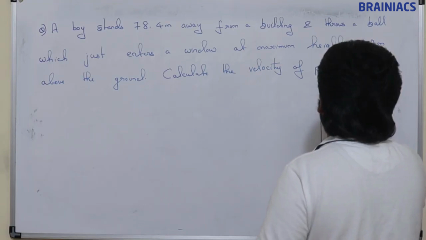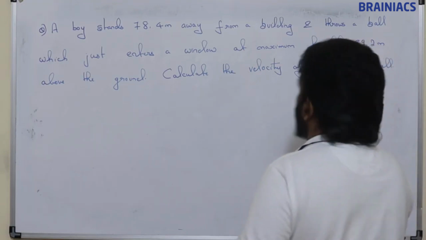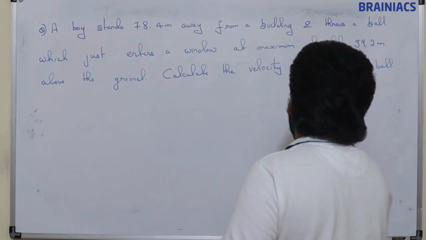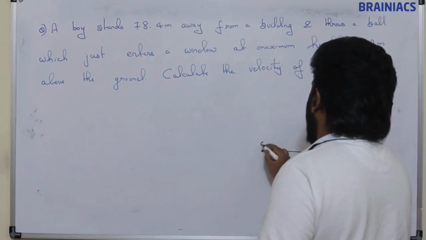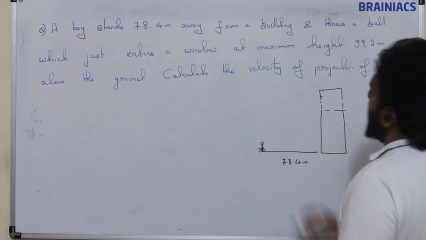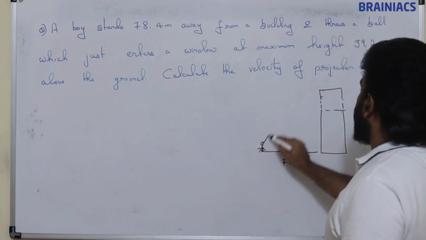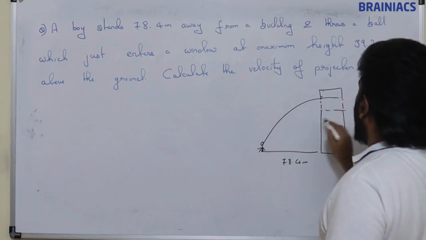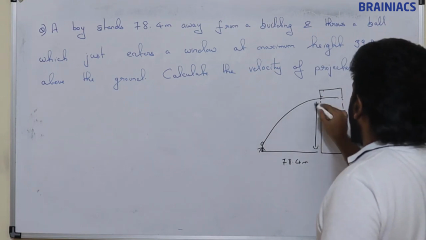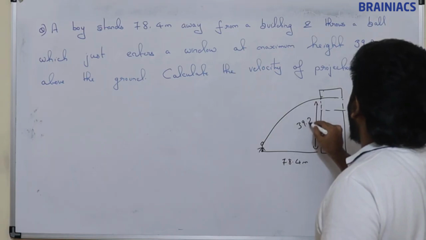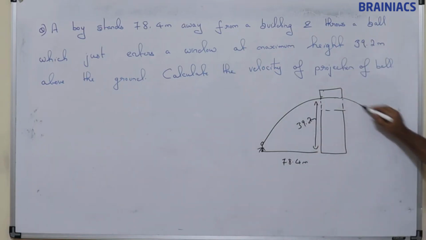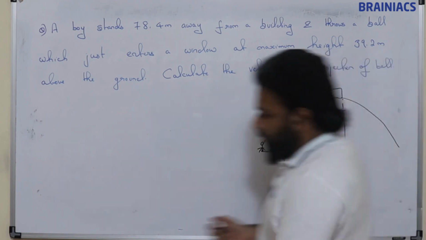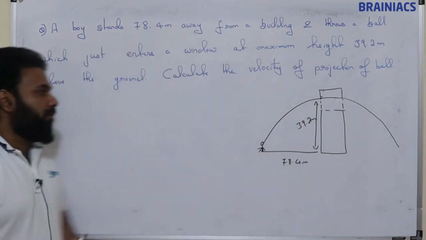The boy stands 78.4 meters away, just like here he stands, and he throws a board which just enters the window, and this is going to be at a height of 39.2 meters above the ground. It goes and passes like this. So calculate the velocity of projection of the board.